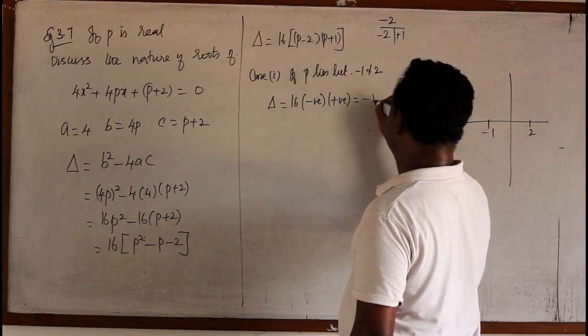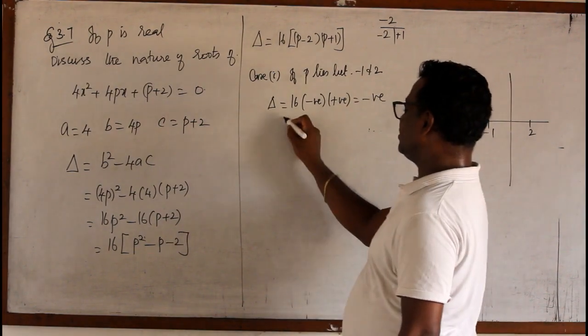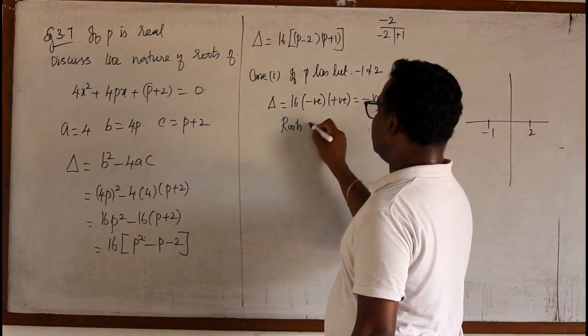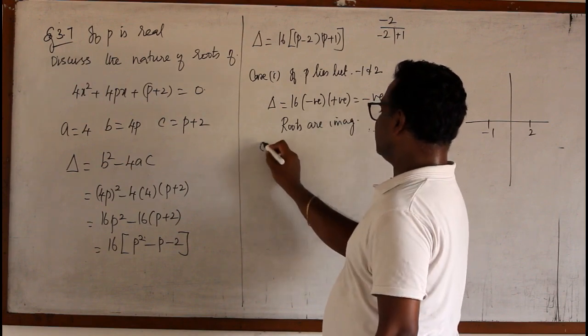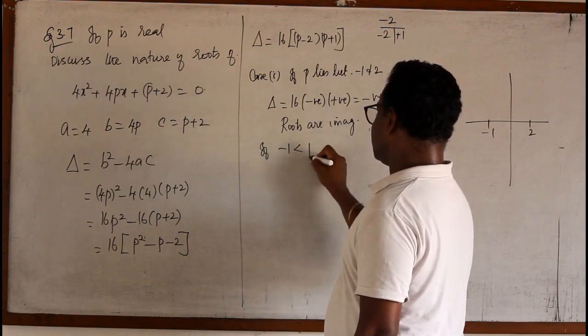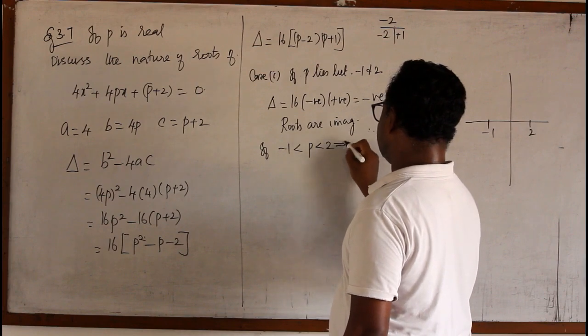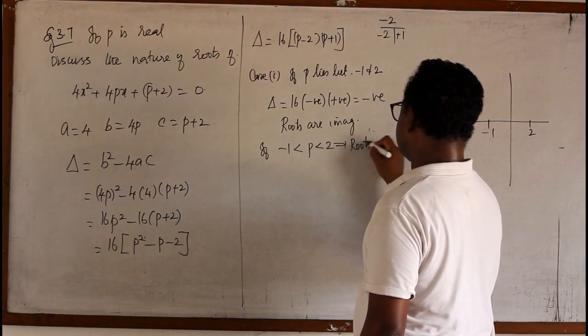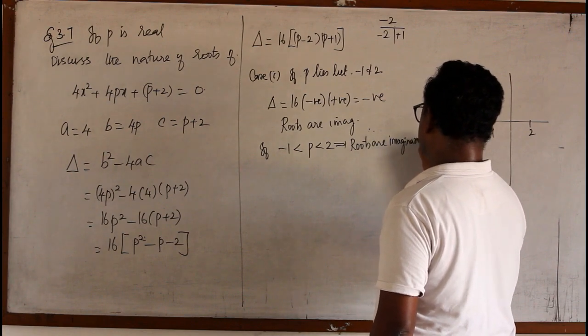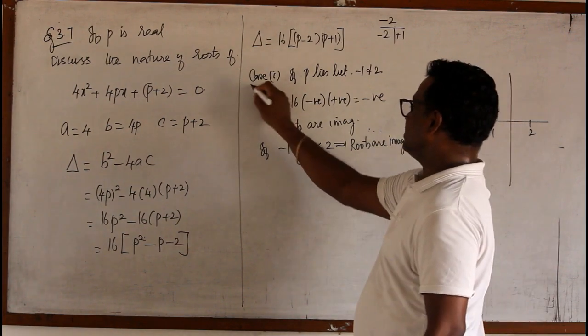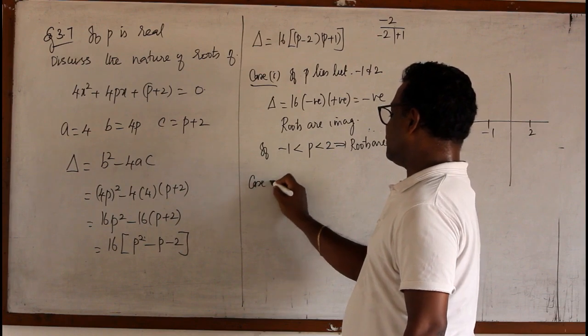So as a whole, it is negative, meaning roots are imaginary. So I can conclude if minus 1 is less than p less than 2, then roots are imaginary. This is case 1.